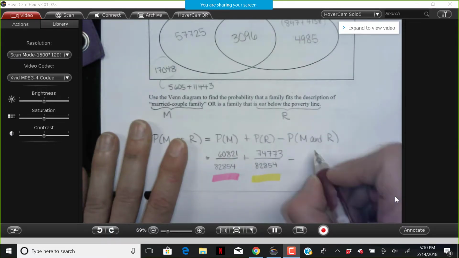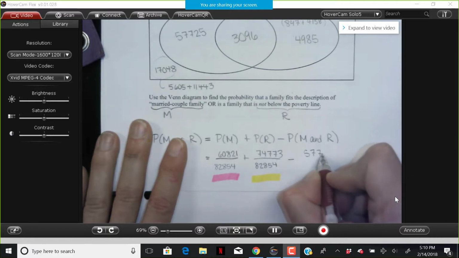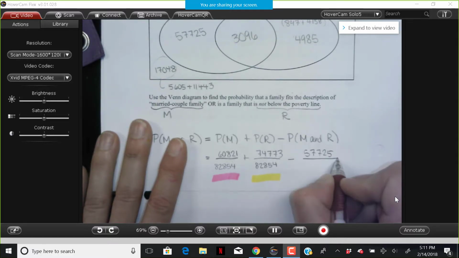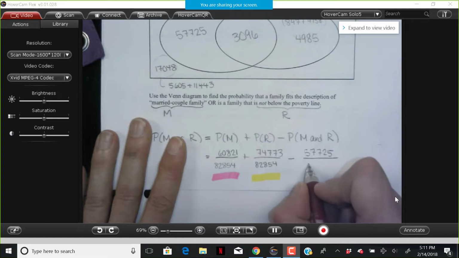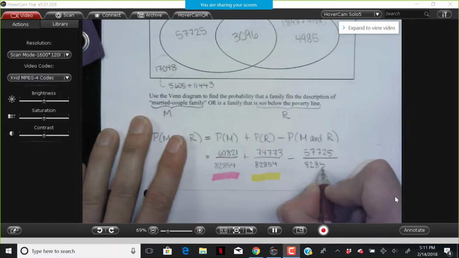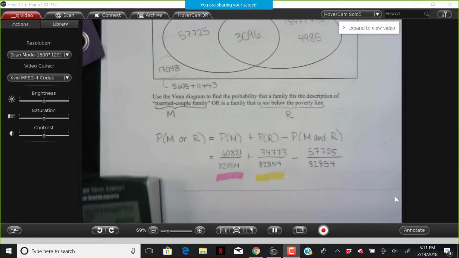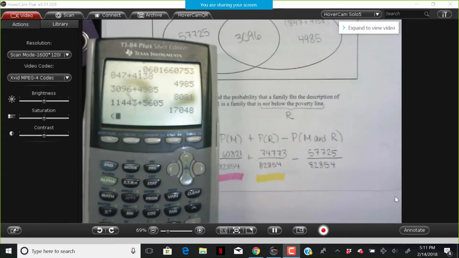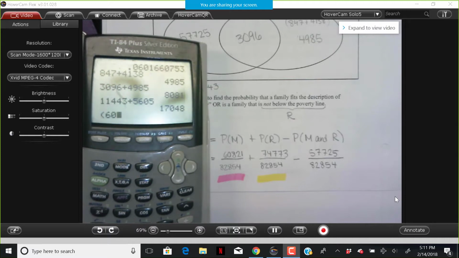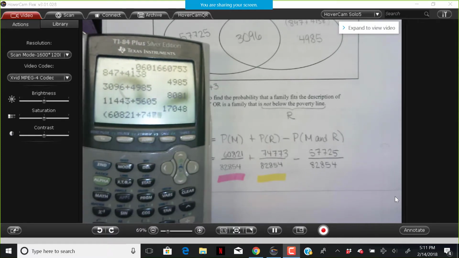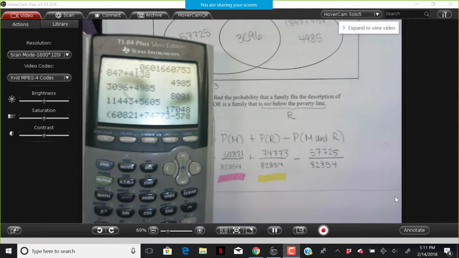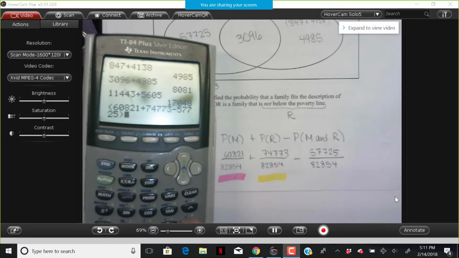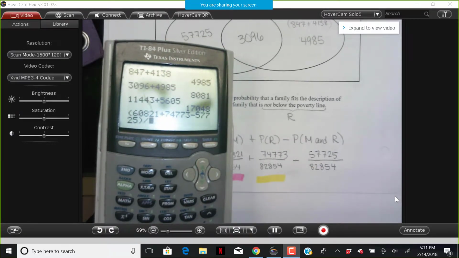So the number that I used twice was the 57725. And then when I type this in, I'm not going to type those three fractions in separately because they have a common denominator, right? So I'm just going to do the numerators in parentheses, 60821 plus 74773 minus 57725, close parentheses, and then divide it by that denominator.